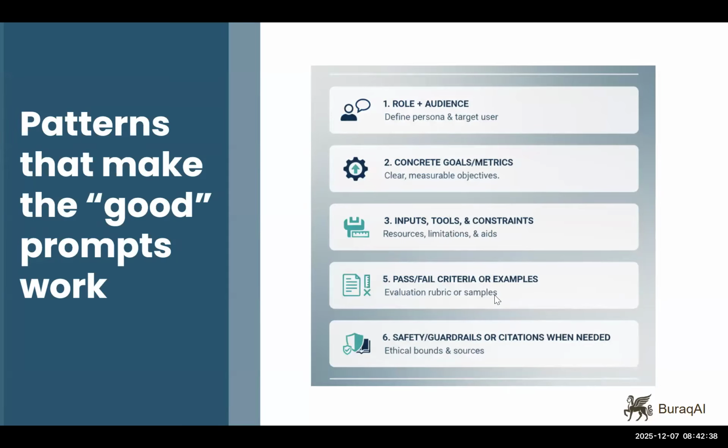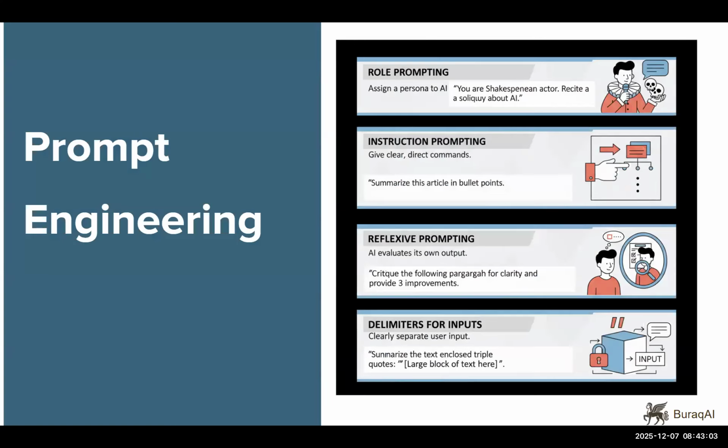Pass/fail criteria: if you are giving some input to classify as a pass or fail, positive or negative, you can give criteria, what is pass, what is fail, what is the example. Safety guardrails or citations you can add, what guardrails you want to set, some restrictions, some limitations. We will look at guardrails also in one of the sessions.